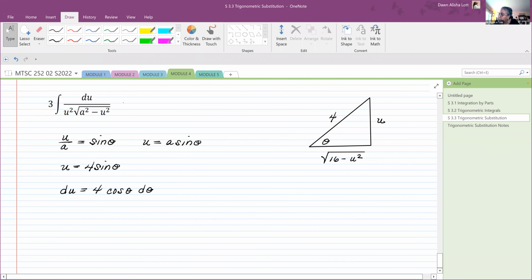Remember, this is the integral of 3 times du over u squared, the square root of 16 minus u squared.